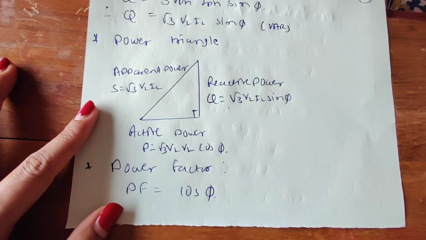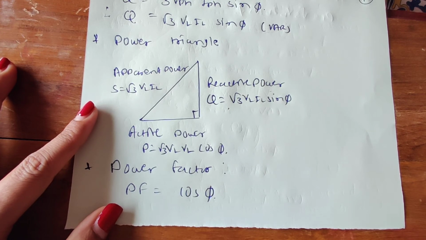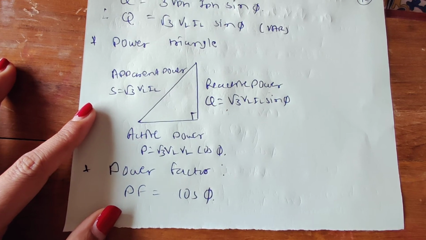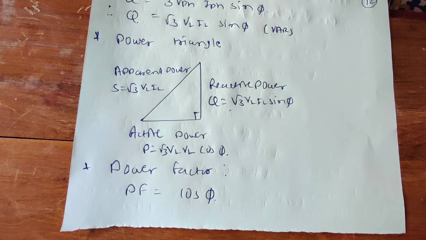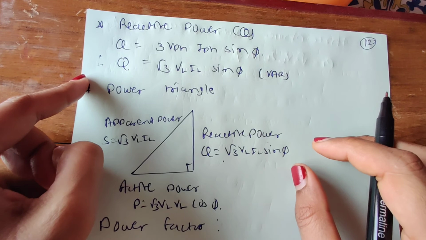So the overall power factor of a 3-phase balanced delta load is equal to the cosine of the phase angle between the phase voltage and the phase current. This is how you can establish a relationship for a delta connected balanced load.